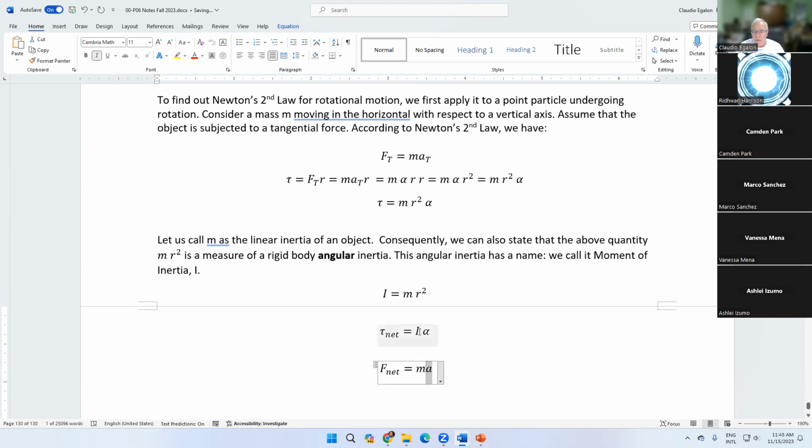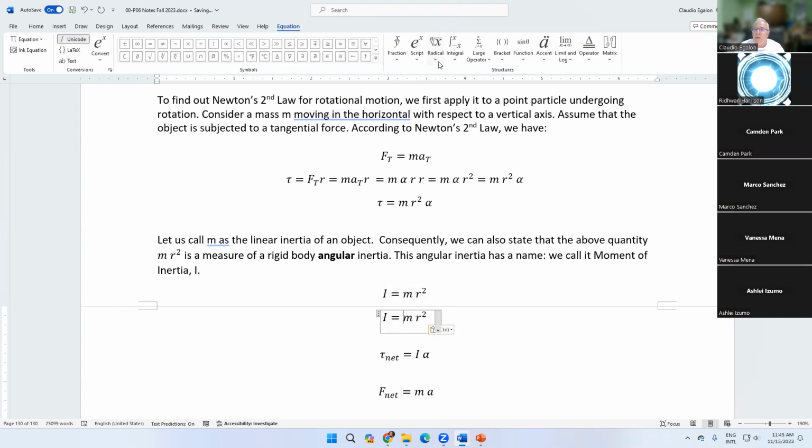Linear acceleration, angular acceleration. But let's not forget, this r here can change from one infinitesimal mass to another. Consequently, my moment of inertia can be rewritten in terms of a summation.